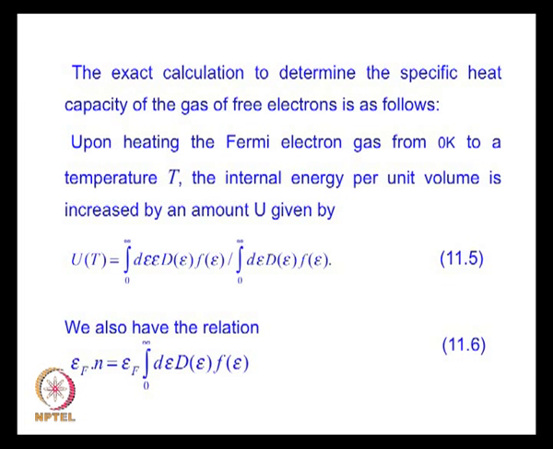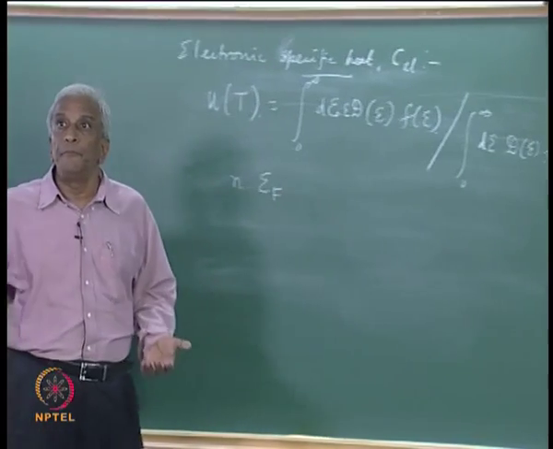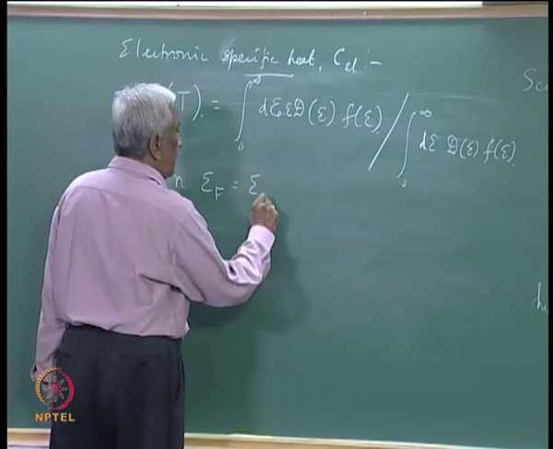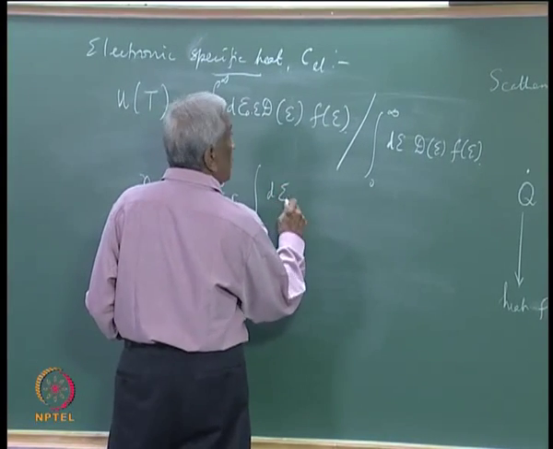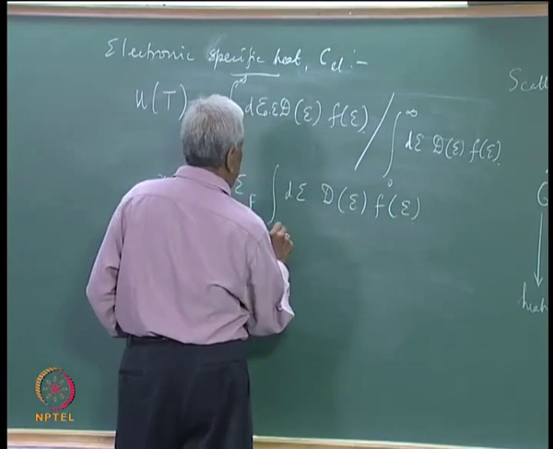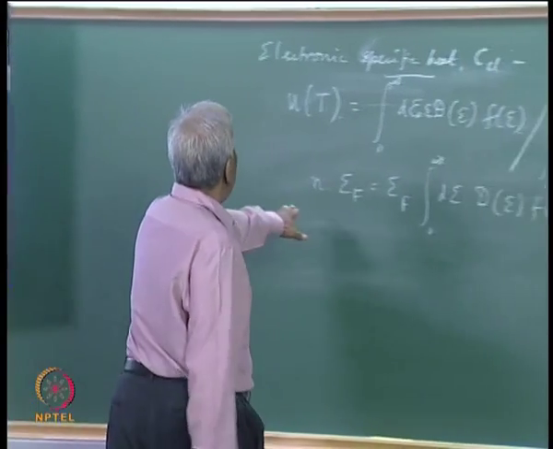That would be the statistical average of the internal energy. We also have n times E F, that is E F times the electron concentration, which is just the integral of D of E f of E dE. So, this is the concentration of the electrons.